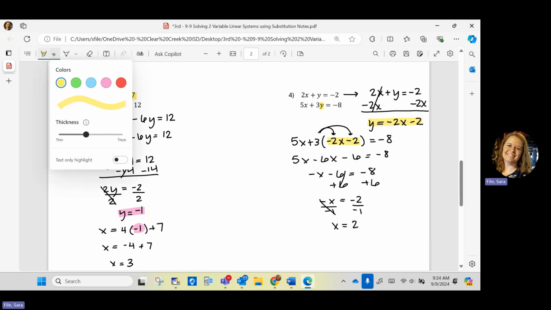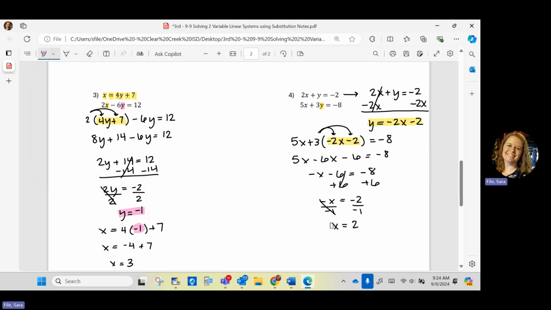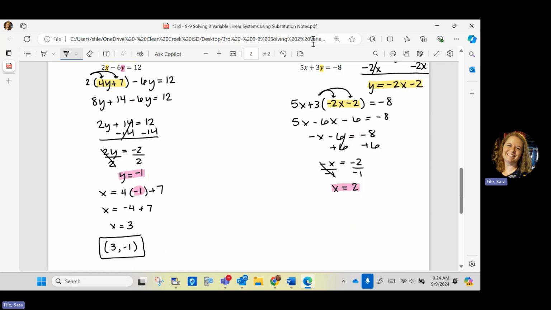So now that we have that, that's what we're going to use for our last step, which is to take that and plug it back in, not into the original equation. Technically, you could use either of the original equations and take that 2 and plug it in for x and solve for y. But it's going to be easiest to use this revised equation where it's already solved for y.